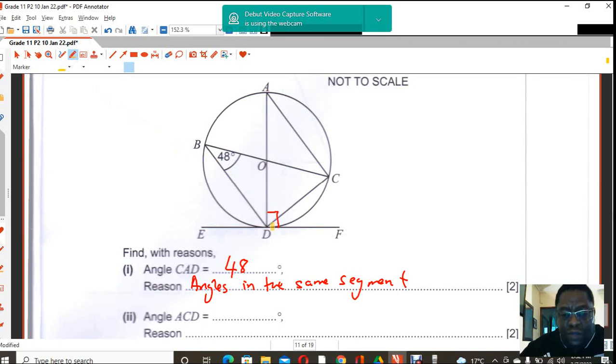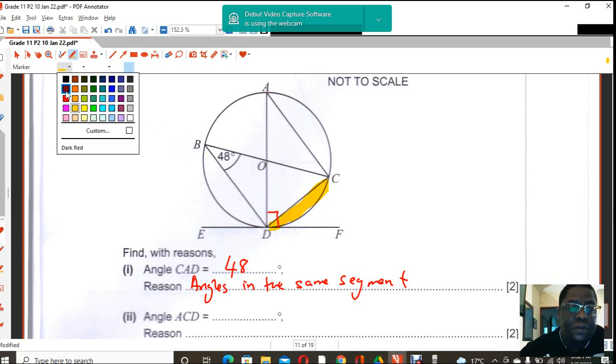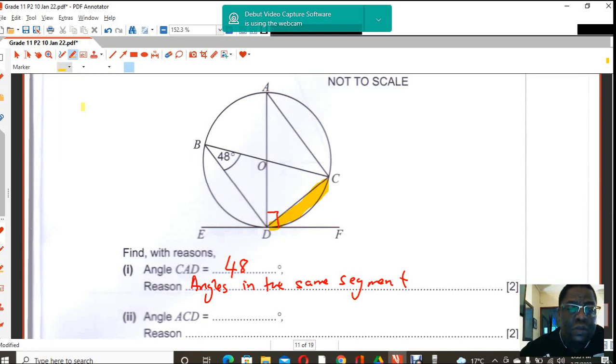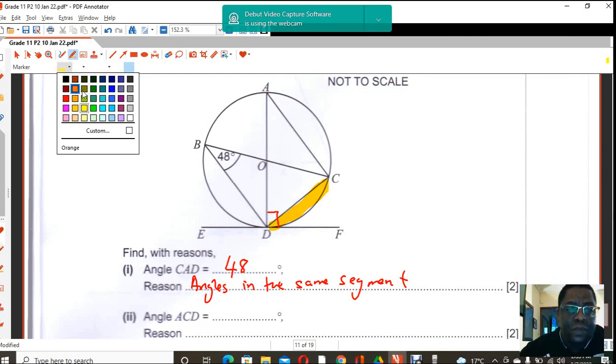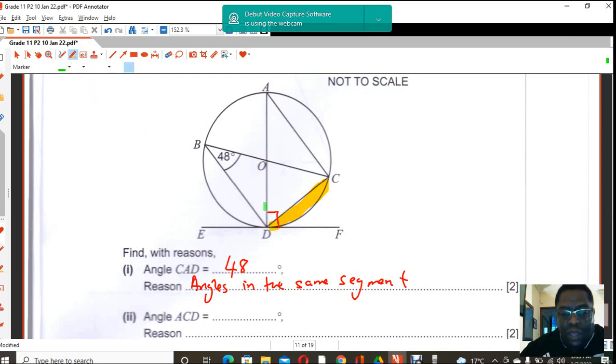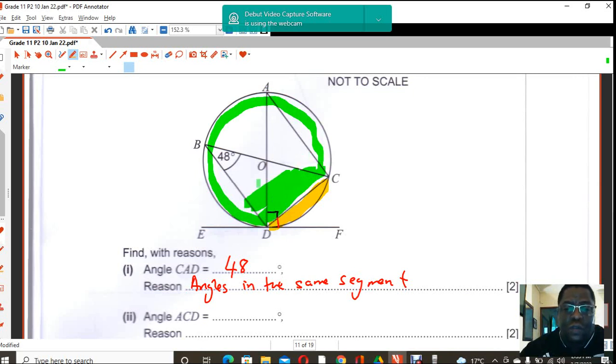So this is a segment here created by that chord, and maybe we use a different color, and this other one here, all the way here, this is also a segment.